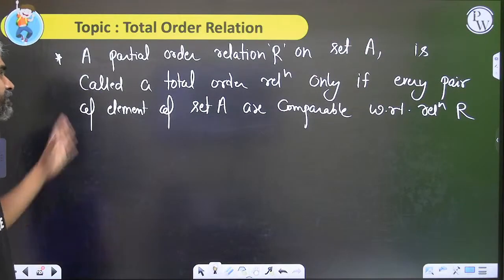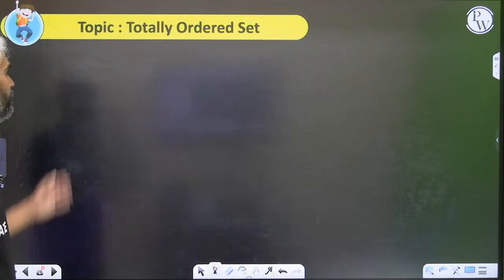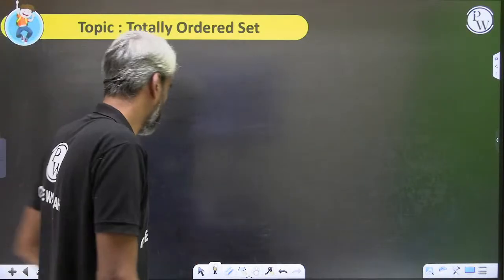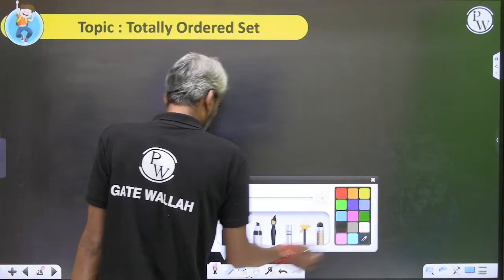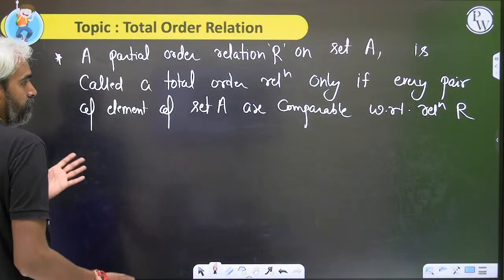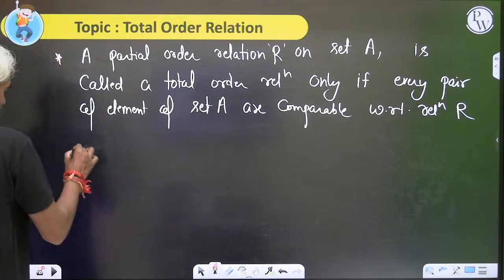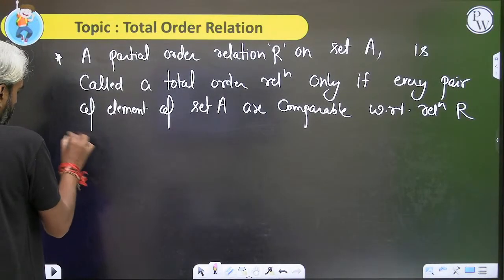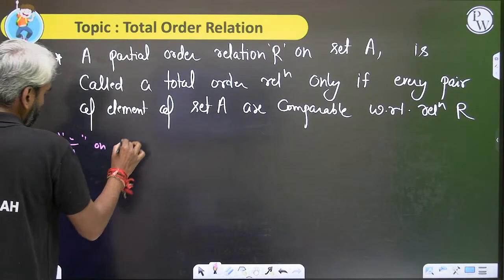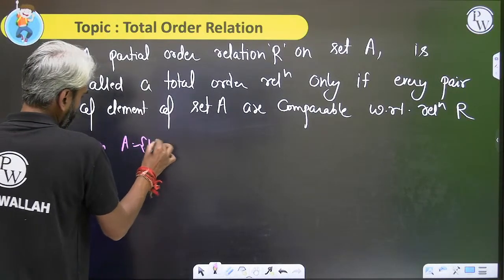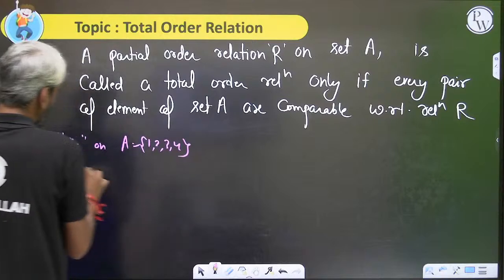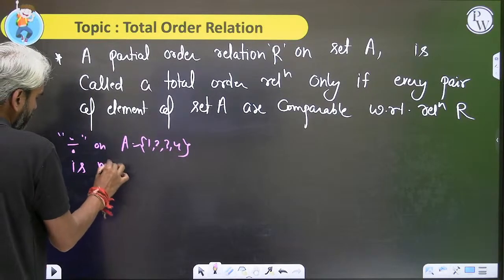So basically, total order we define in terms of a totally ordered set. So divide on A equals {1, 2, 3, 4} is not a total order relation.